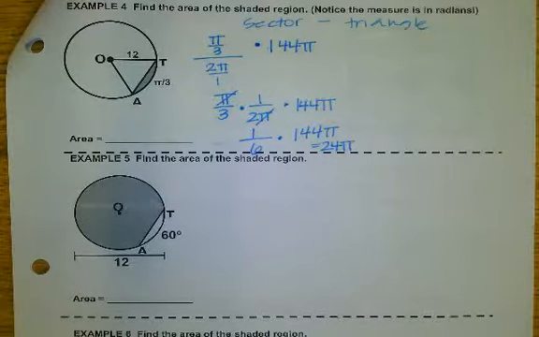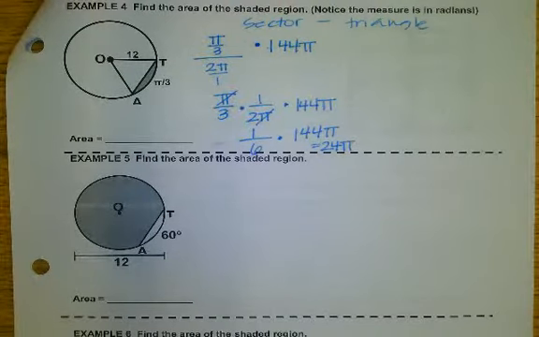You got it? Okay. So we need to figure out the area of the triangle. How can we go about figuring out the area of the triangle? How do you know it's 30, 60, 90? I don't have any angles right now.